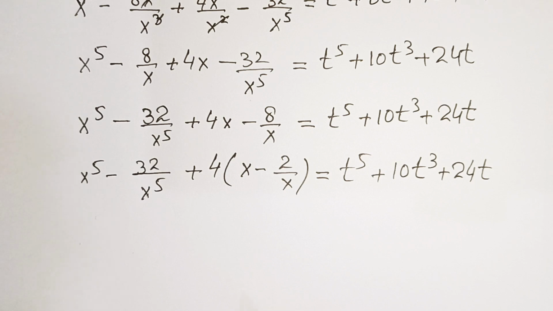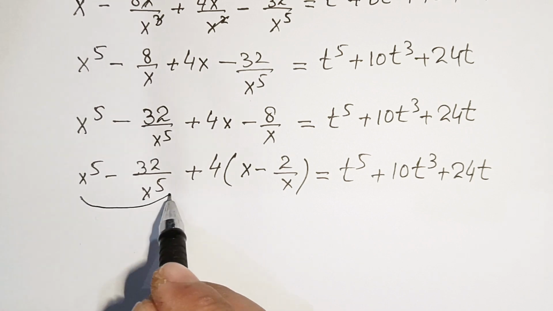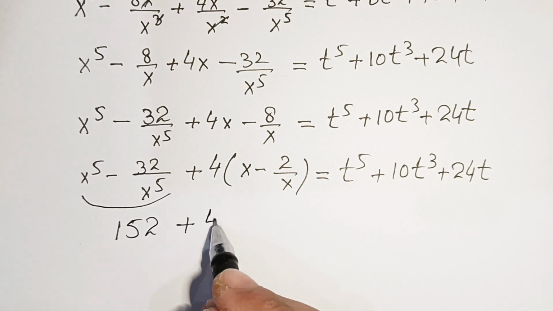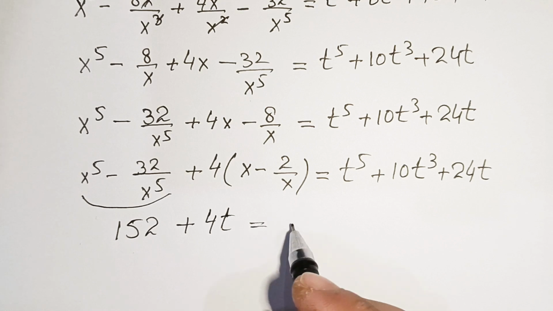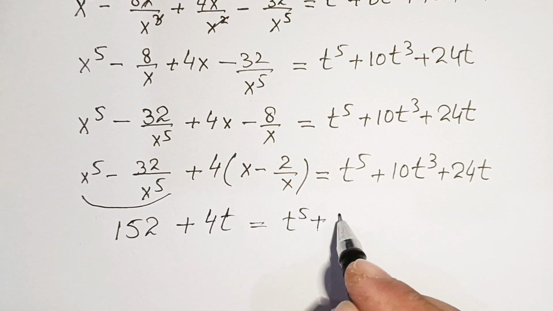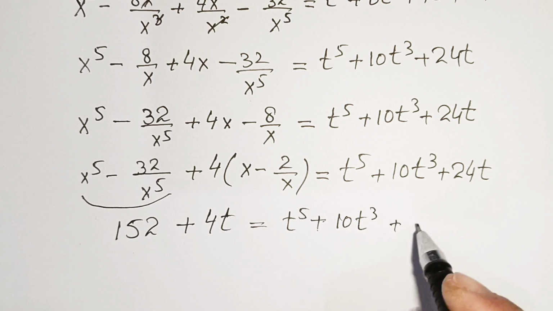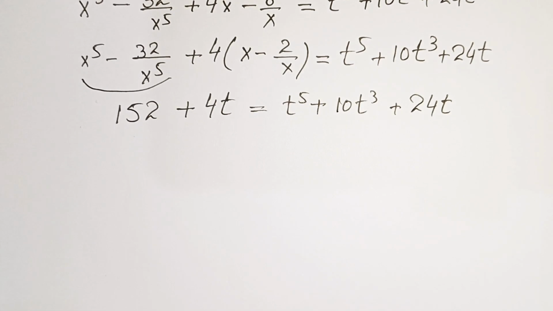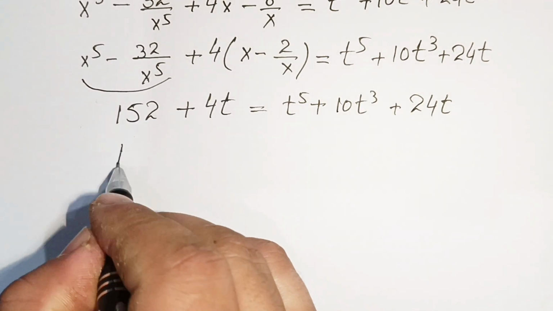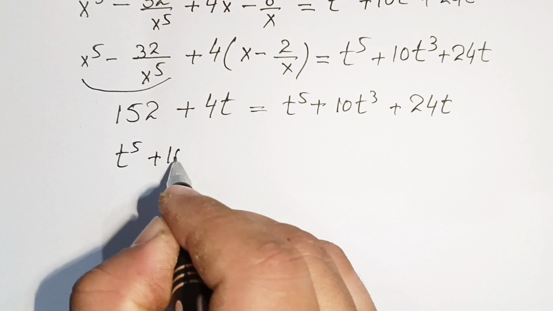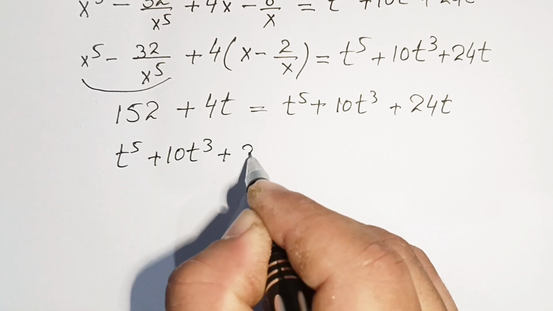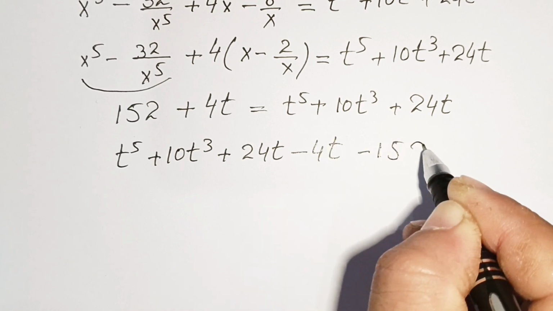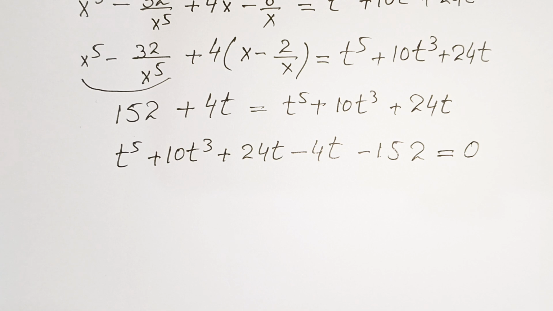So putting these values, we have 152 plus 4 times t equal to t to the power 5 plus 10t cubed plus 24t. Now shifting these two terms, we get t to the power 5 plus 10t cubed plus 24t minus 4t minus 152 equal to 0.